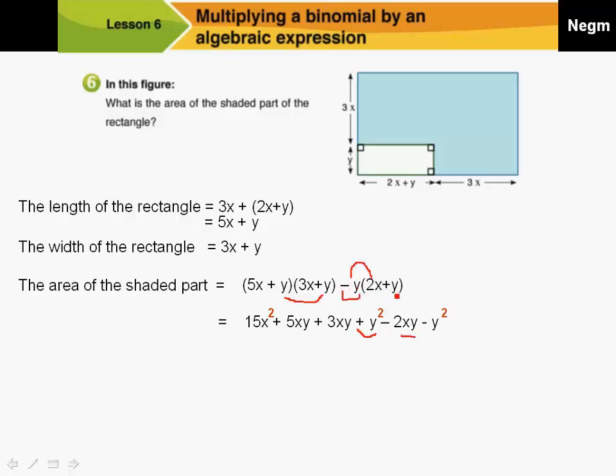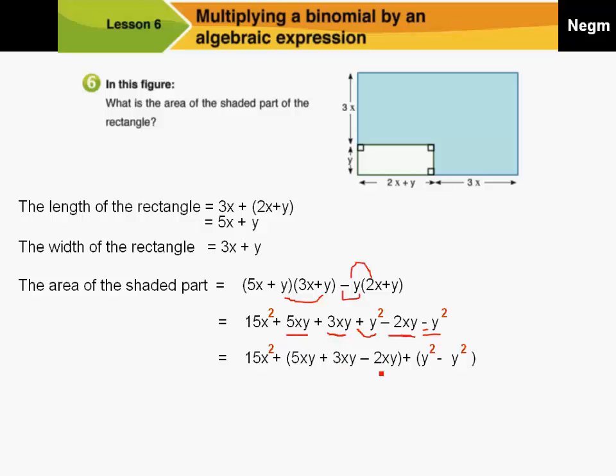Minus y times plus y is minus y squared, because minus times plus is minus, y times y is y squared. This is equal to 15x squared plus, between two brackets, we have here 5xy and here plus 3xy.